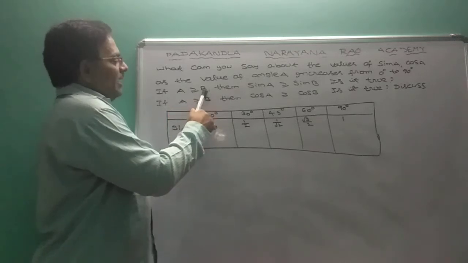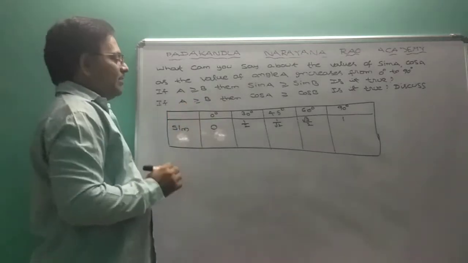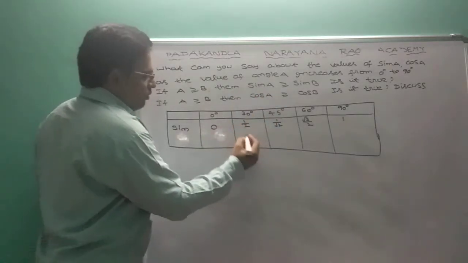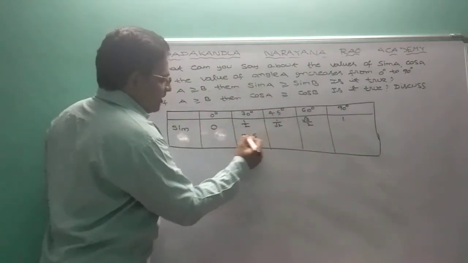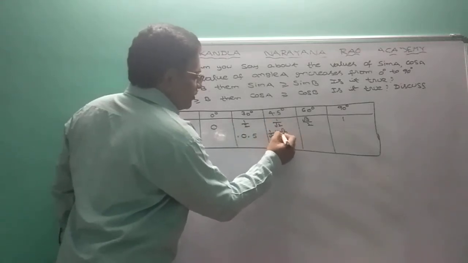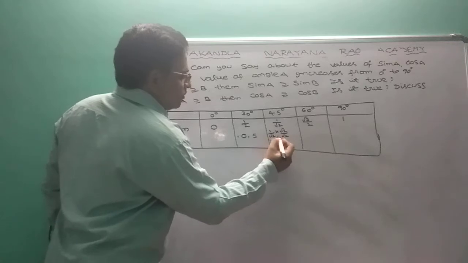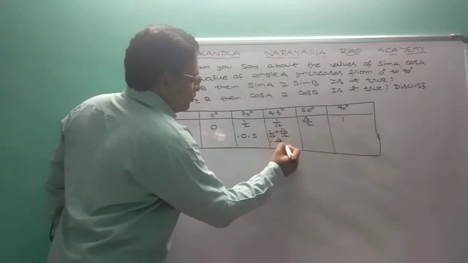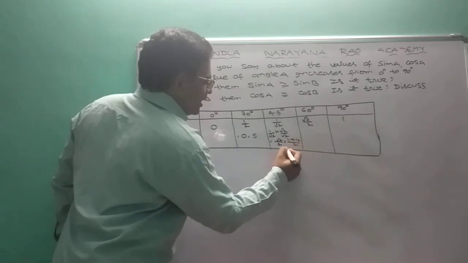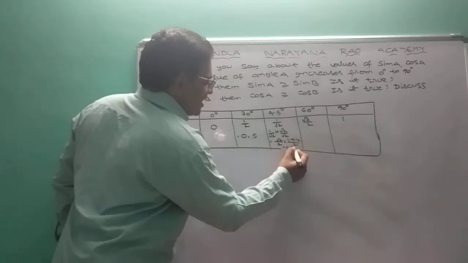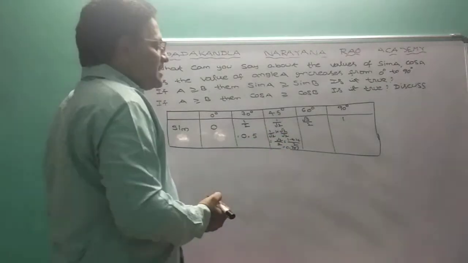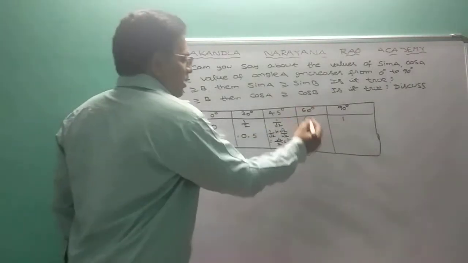For calculation purposes, simplify. 0 means 0. 1 by 2 means 0.5. 1 by root 2, in an easily understood manner, rationalization gives root 2 by 2, that equals 1.414 by 2, that equals 0.707.